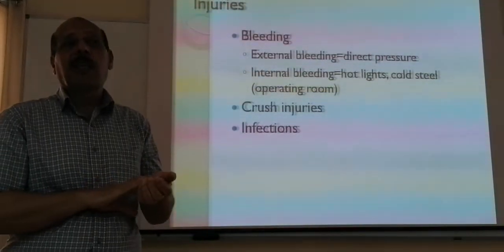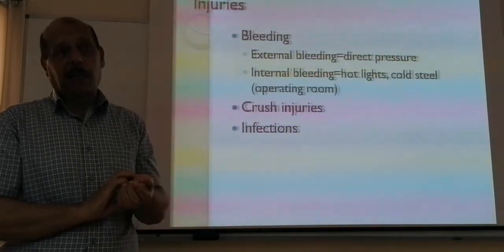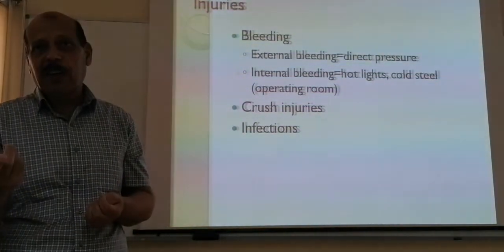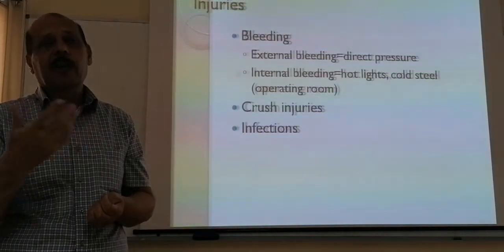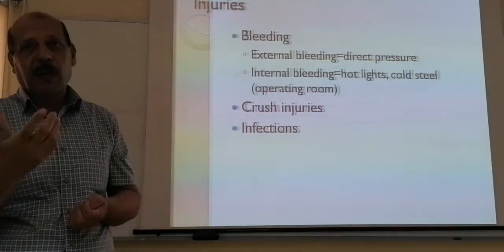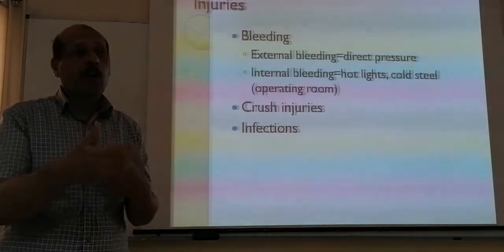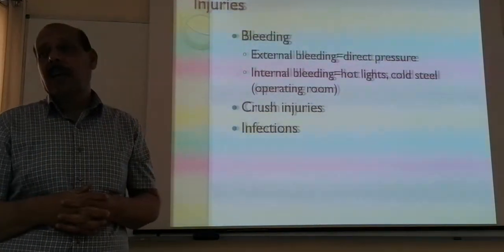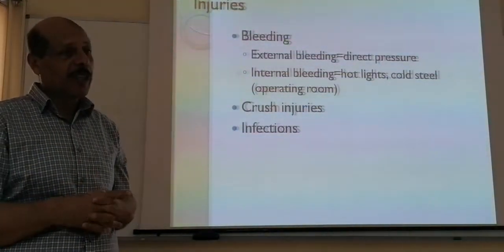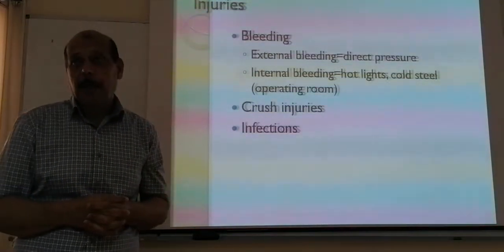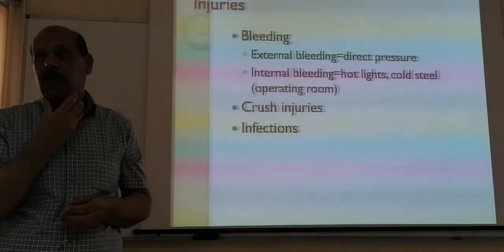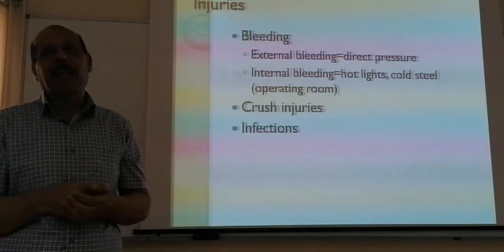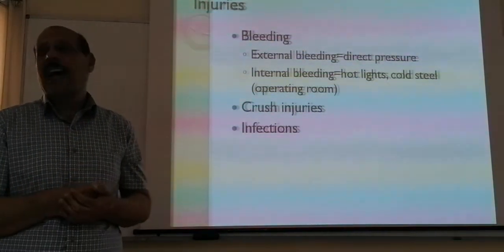If we check his pulse, it will be very weak and very fast. Breathing also will start to be very fast in order to compensate the oxygen supply to the tissues, the demand for oxygen. And also the face of that client will be pale or ashy in color.